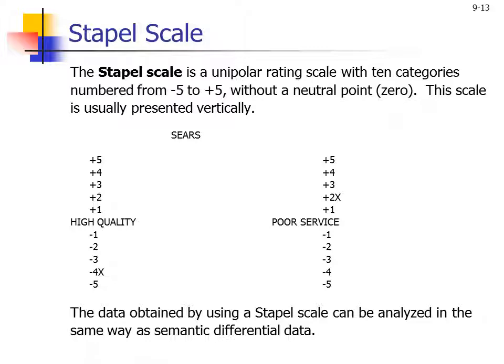Respondents are asked to indicate how accurately or inaccurately each term describes the object by selecting an appropriate numerical response category. The higher the number, the more accurately the term describes the object, as shown in the department store project.